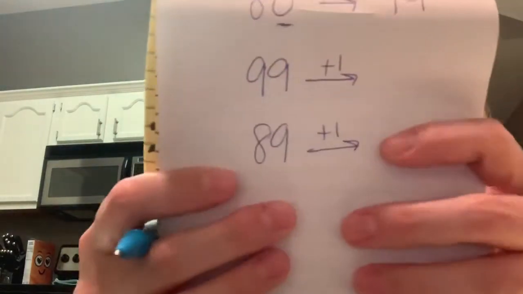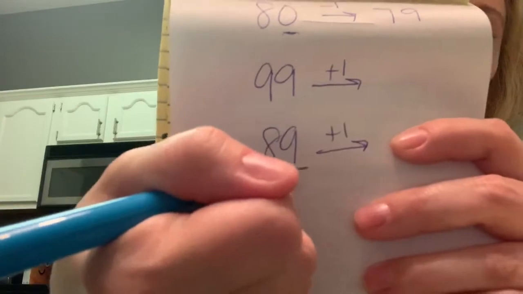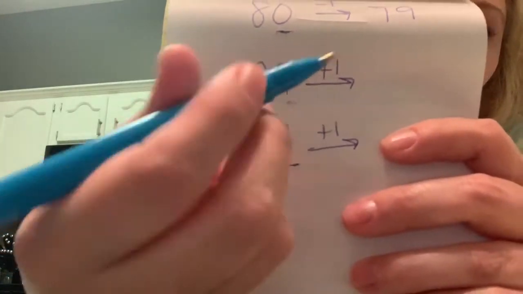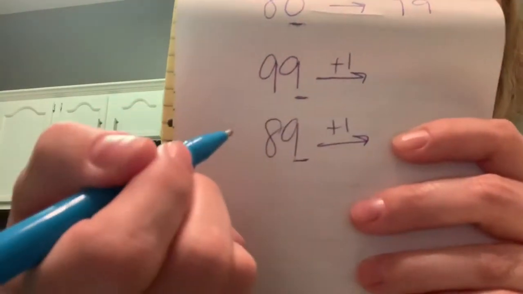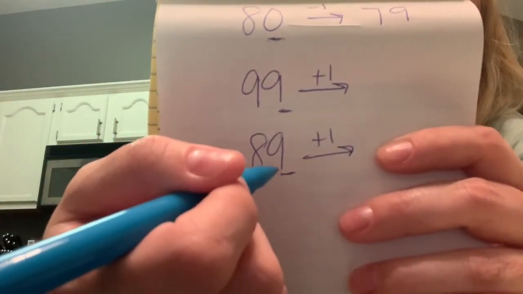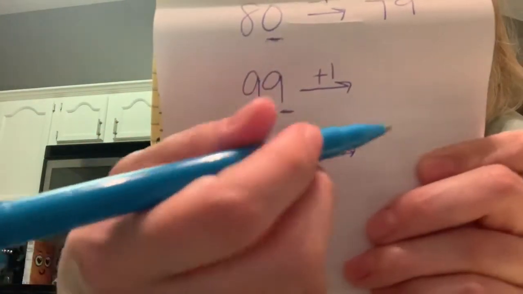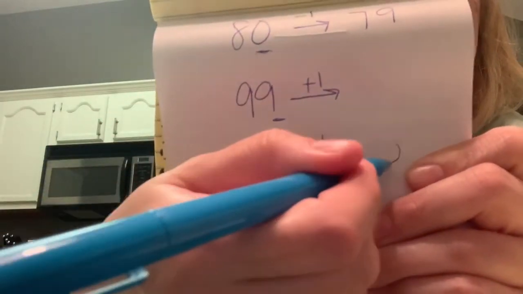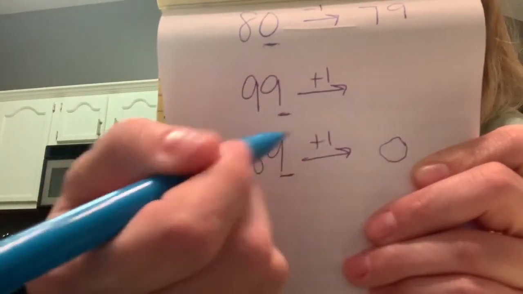And the only other time is like if we've got 99 and we want to add 1, or 89 and we want to add 1. We're changing that ones place only, but after 9 comes 10. So because after 9 comes 10, that means you have to change it to a 0, because in a 10 we have a 0, but you're also upping a 10, which would put it at 90.